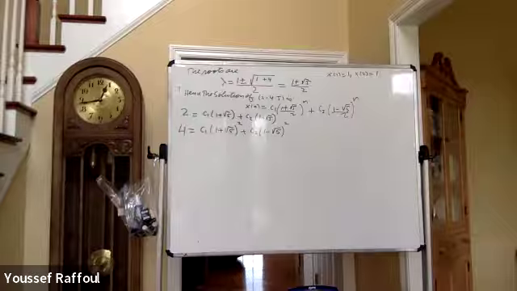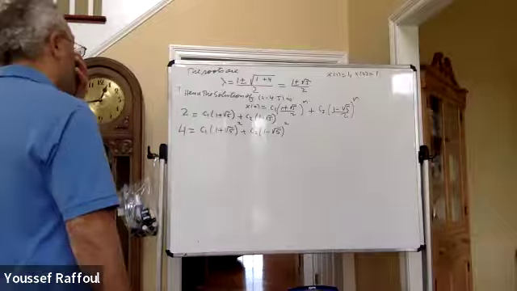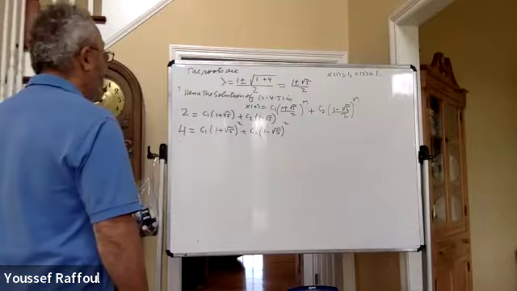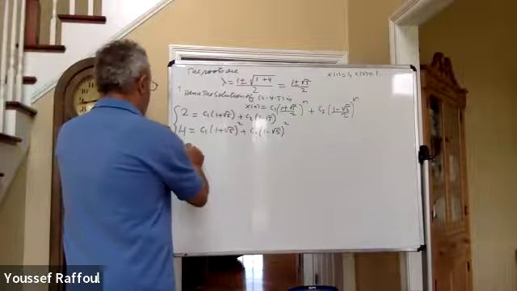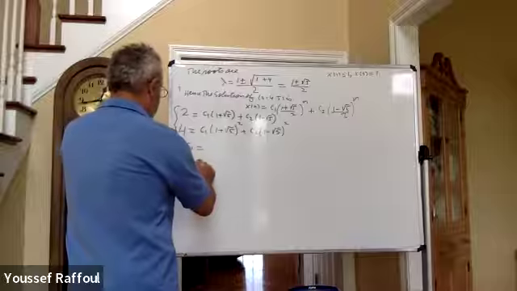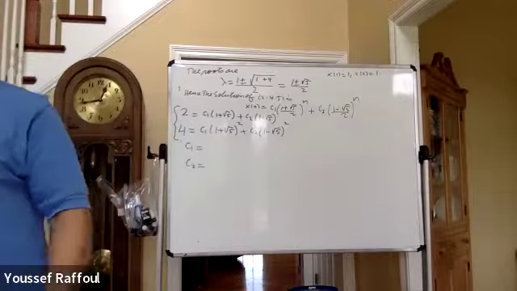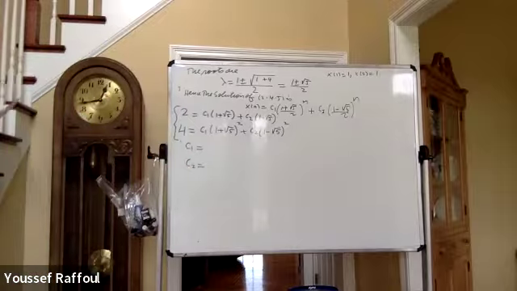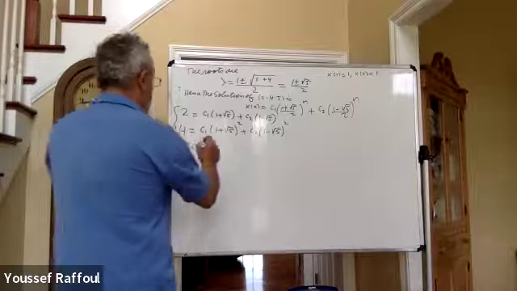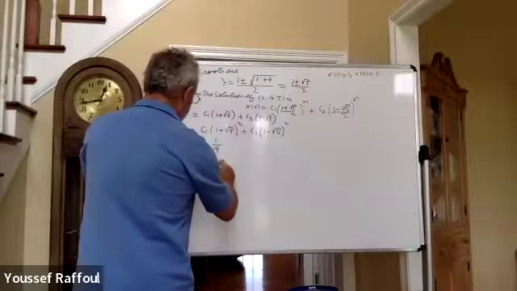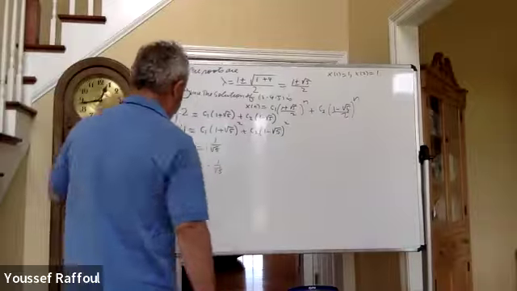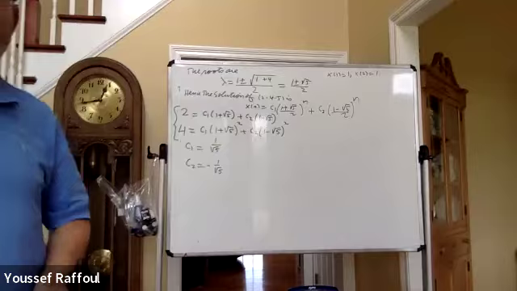So this is what we have. And if you try to solve this, we're going to have C1 and C2. You try to solve for the coefficients. C1 is 1 over square root of 5, and C2 is minus 1 over the square root of 5. If you solve this equation.